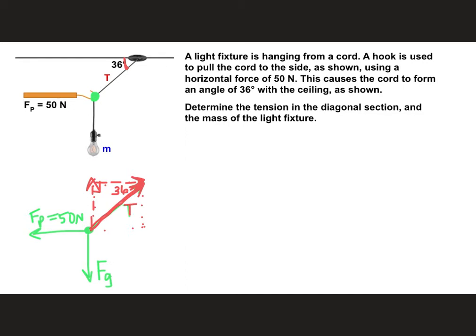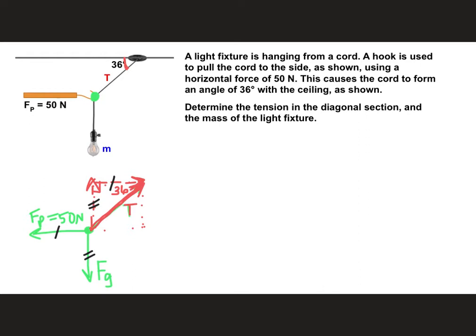And the key thing here is that there are a number of forces that I can see in my picture. The up forces have to equal the down forces, and the left forces have to equal the right forces. So this should equal this component, and the weight here should equal the other component.